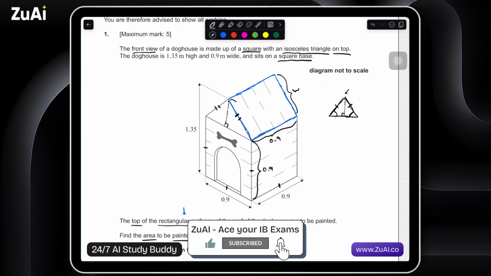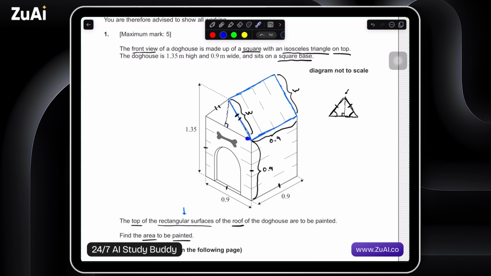So this width corresponds to this W right here, and this W right here. We don't yet know it, but we know it's part of a right angle triangle. That suggests either our trig functions or maybe even better, the Pythagorean theorem. So we need to find this w, that's the missing piece, then we can multiply it by 0.9.